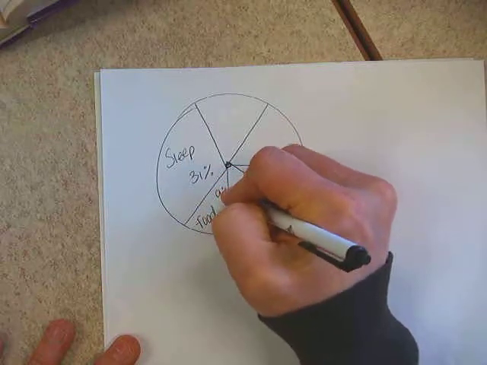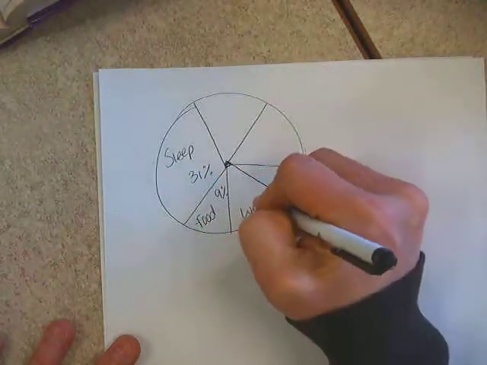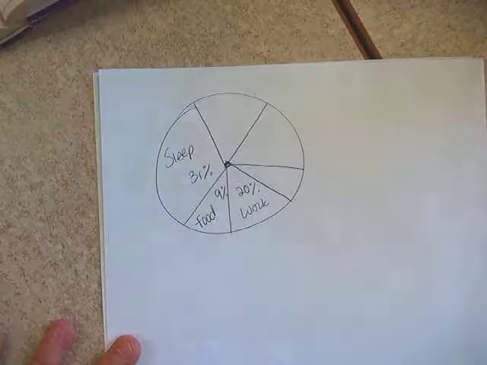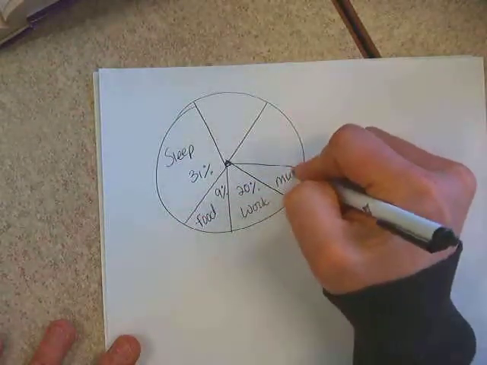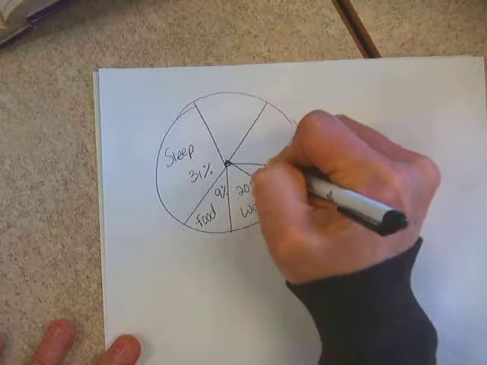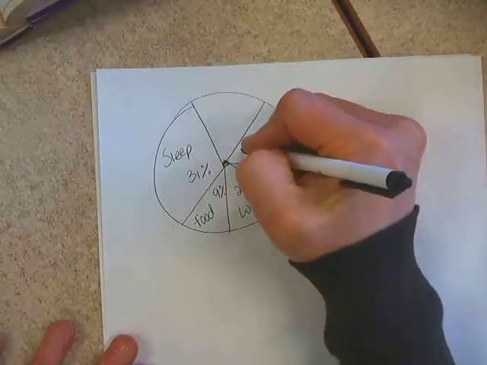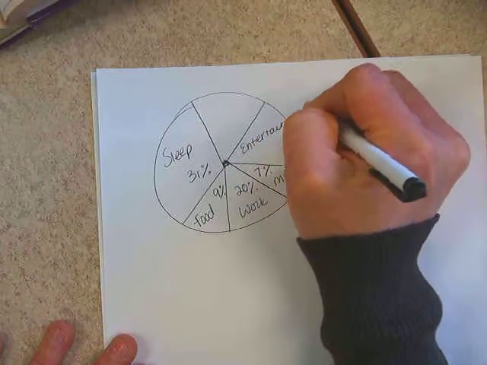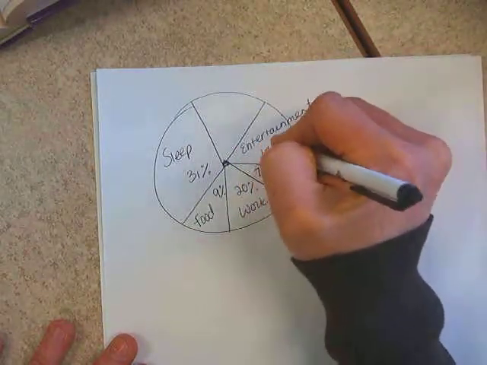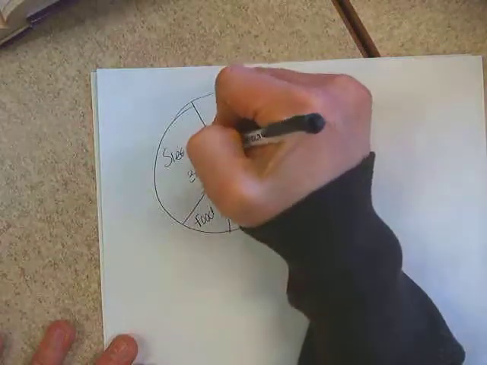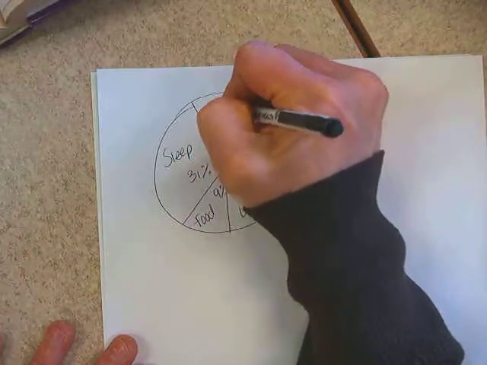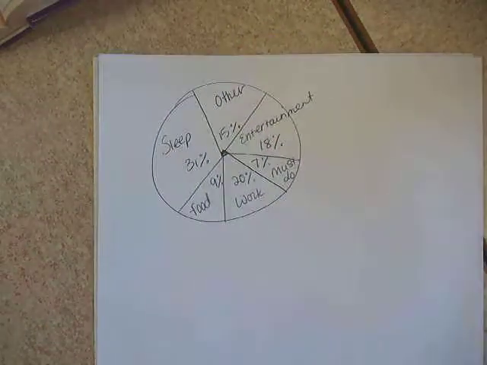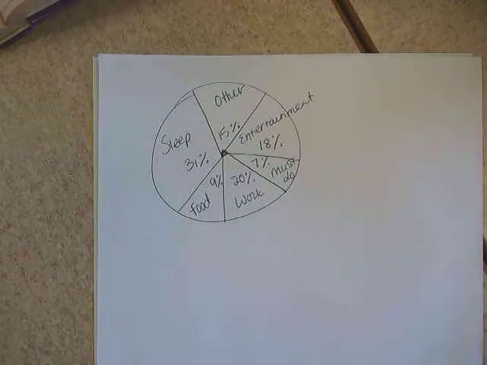This one has sleep, 31%, food or eating, 9%, work, 20%, must-dos, 7%, entertainment, 18%, and the other 15% is other or miscellaneous.